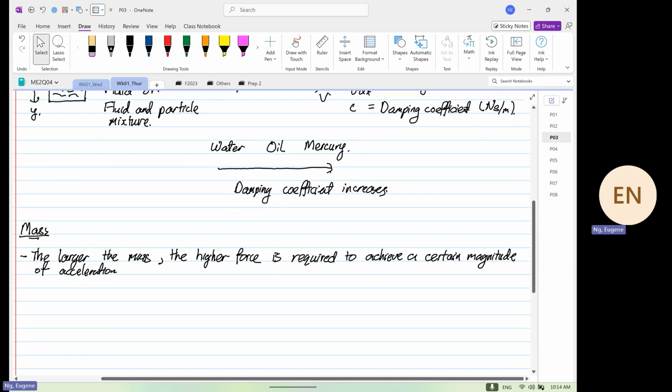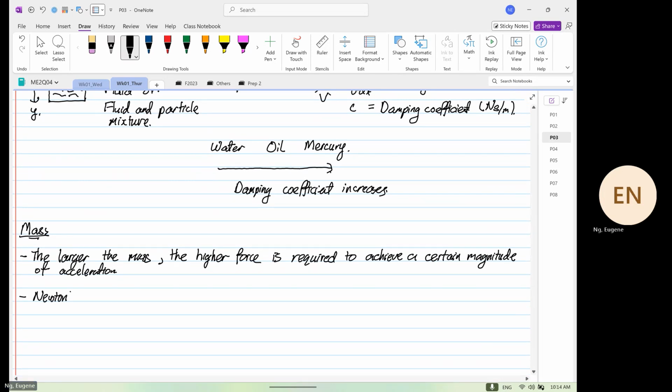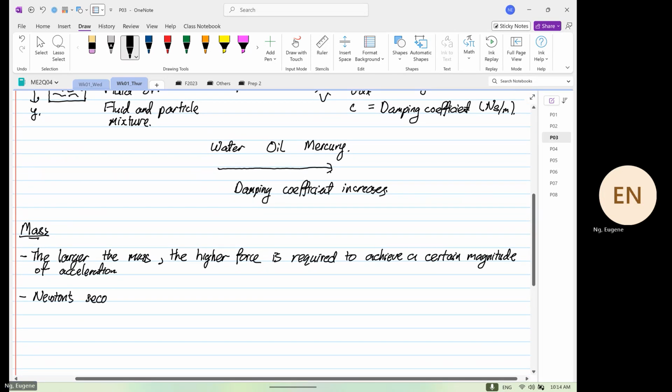And based on Newton's second law, what we have is F is equal to MA, and this is equal to M d squared Y over dt squared.